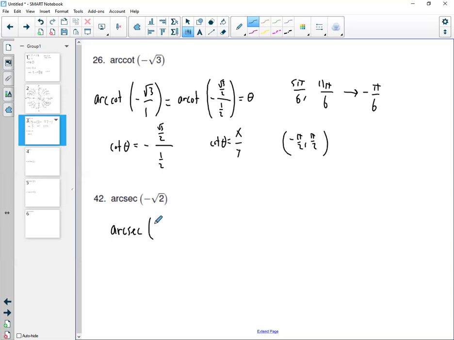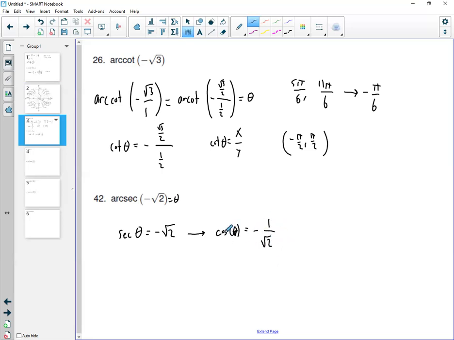Let's just rewrite it as a secant, and then it's going to be easier if we think about the cosine. So if arcsecant equals this, that means that the secant of theta equals -√2, which means that the cosine of theta is equal to -1/√2.